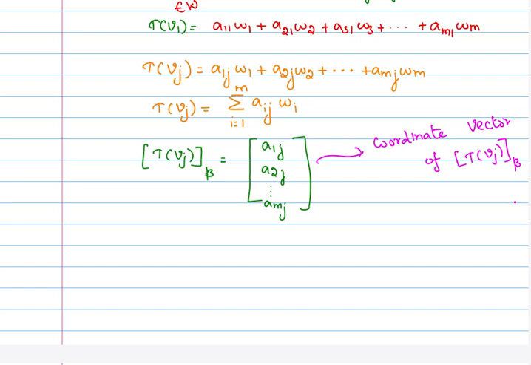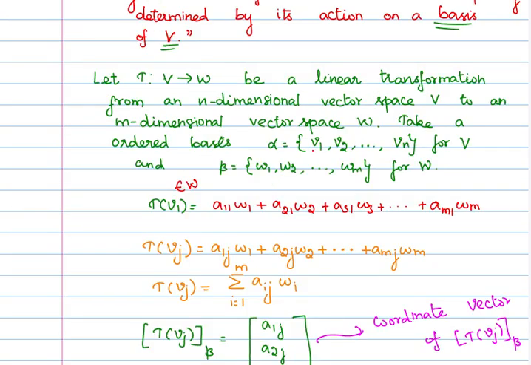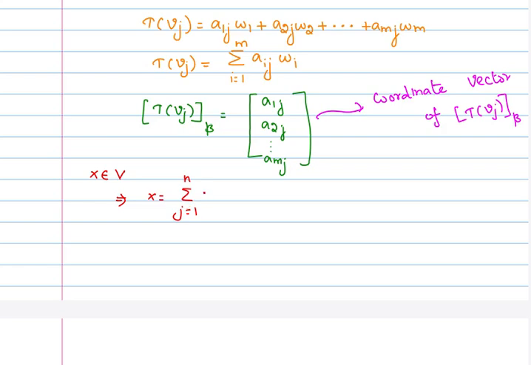Now, one more thing. Any vector x belonging to V can be represented uniquely as x equals the sum from j equals 1 to n of xj times vj, because V is an n-dimensional vector space with basis v1 to vn. Now we want to write T(x). T(x) equals the sum from j equals 1 to n of xj times T(vj), because T is a linear transformation.